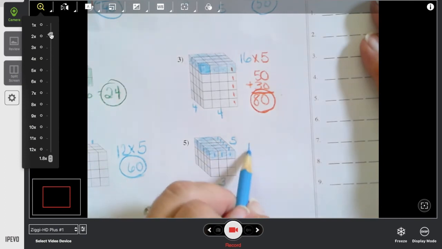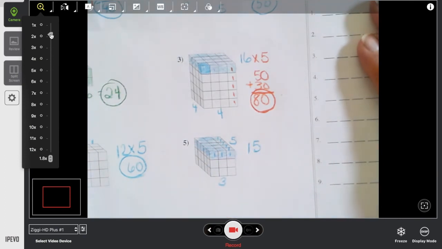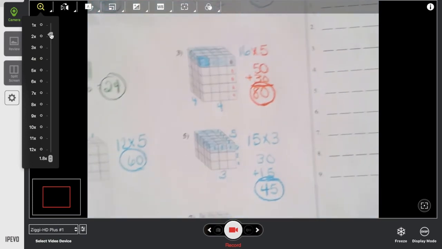So this top layer is made up of 15 cubic units, and I can see there are 1, 2, 3 layers of 15. So 15 times 3. 10 times 3 is 30, and then 5 times 3 is 15. Put them together, and I have 45 cubic units.